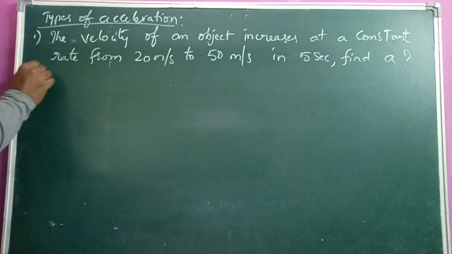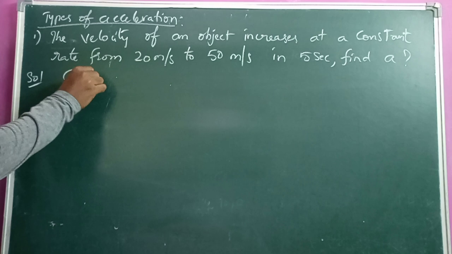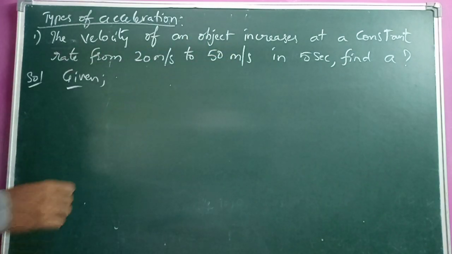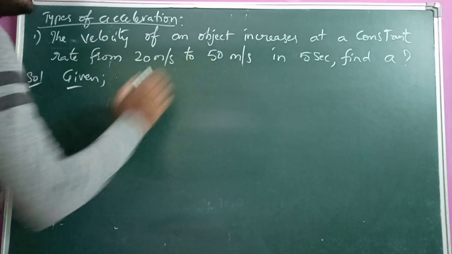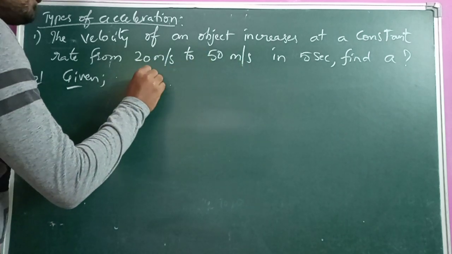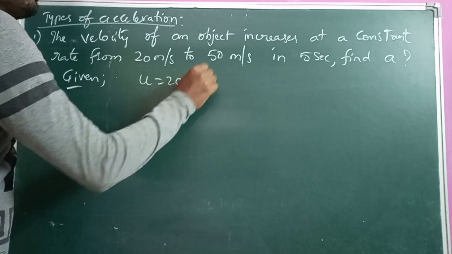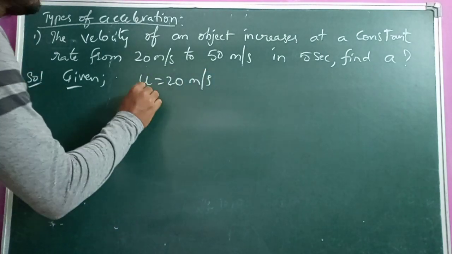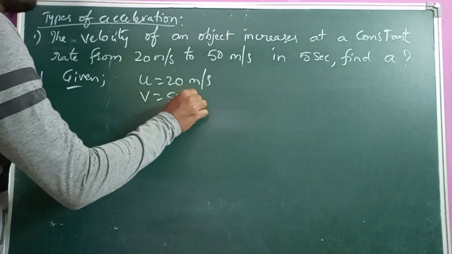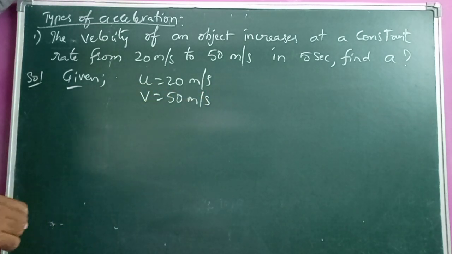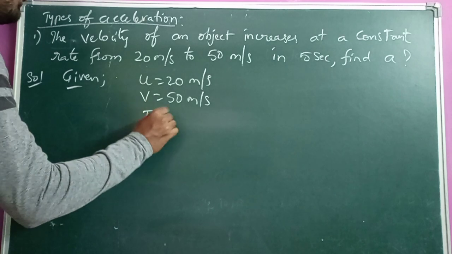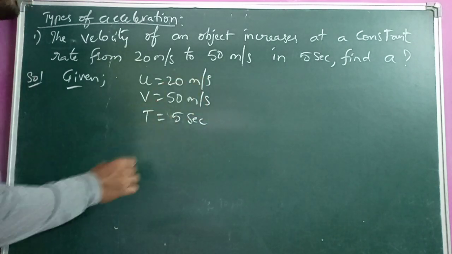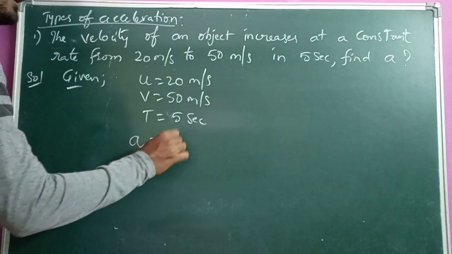What is the given data here? 20 meter per second to 50 meter per second. That means it is the initial value and the final value. So initial velocity u is equal to 20 meter per second, final velocity v is equal to 50 meter per second, and time given is 5 seconds. Find the acceleration.